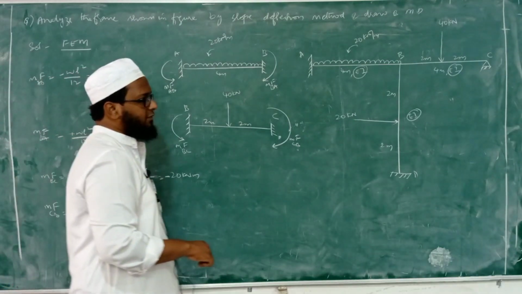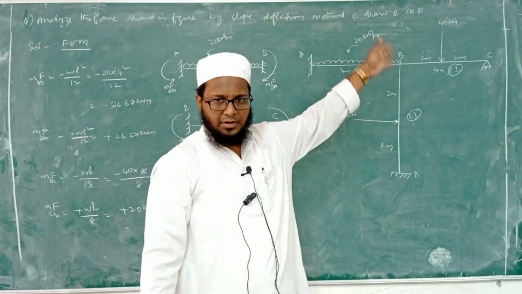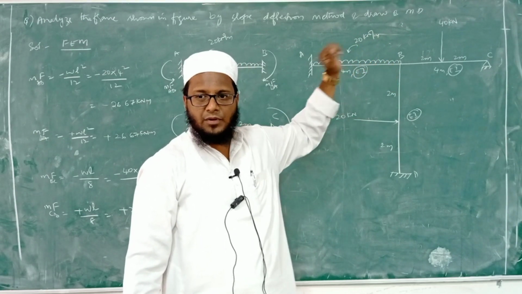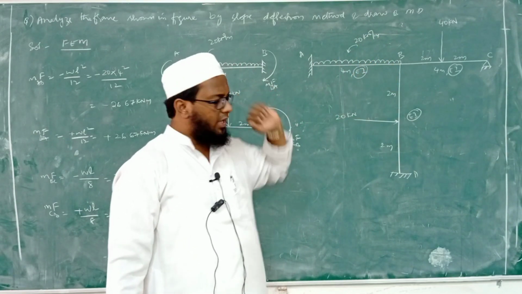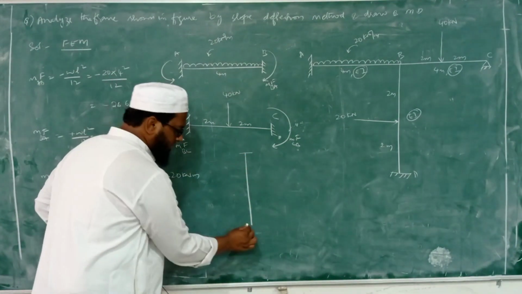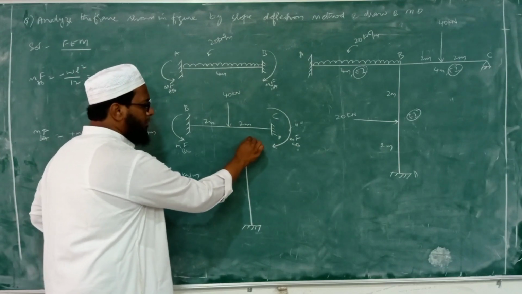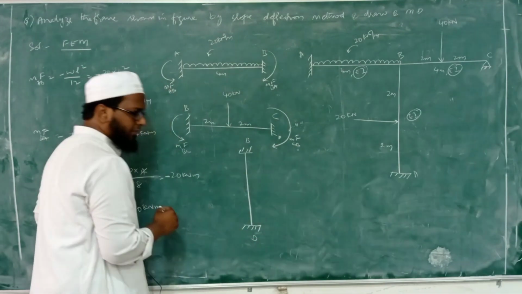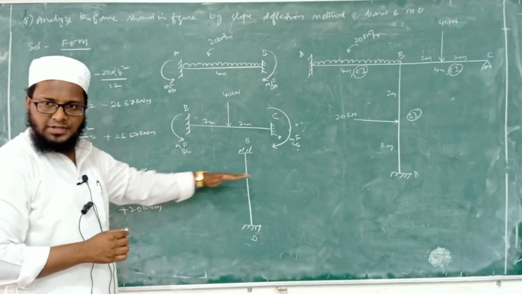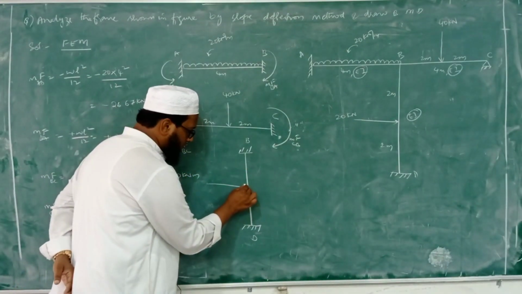Next we have this vertical column here. How will you calculate the fixed end moment for that vertical column? Simple again, you try to fix it. This is column, this is point B and this is point D. Where is the load acting? In the positive X direction.